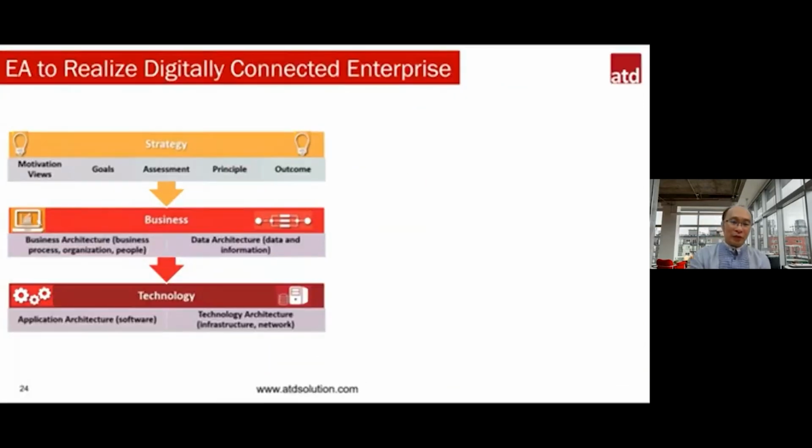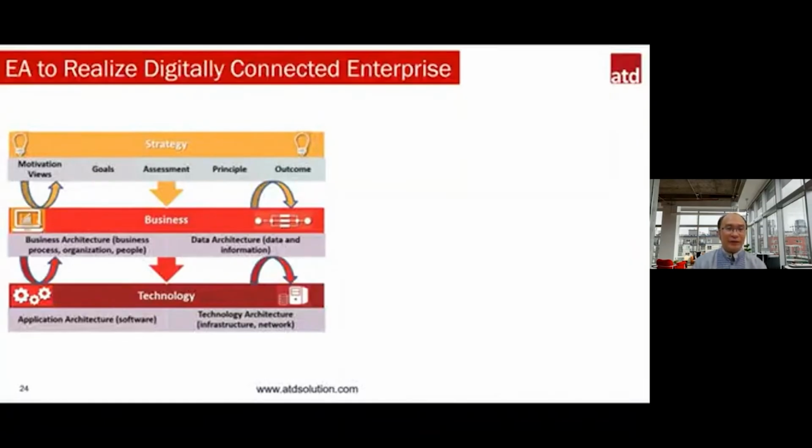So the concept is this. We want to make sure that all the motivation is captured from our key stakeholders, and we understand the goal and the assessment, and we also define the strategy that is going to realize the motivation of the key stakeholders. Then from there, at the business side, we also want to make sure that our business, in terms of process, people and organization, is ready to support the motivation and the strategy.